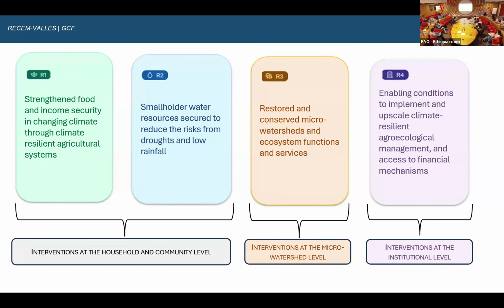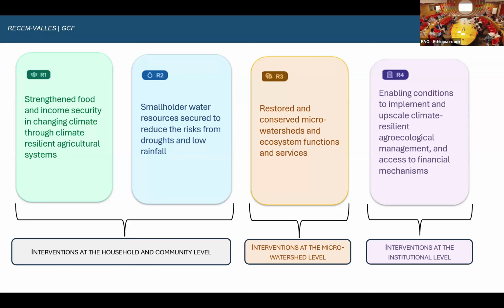So, like any GCF project, we have an institutional component, which is component 4 here, which aims to improve what we call the enabling environment. So legal framework, enhancing capacities at the institutional level. We are tackling this in the evaluation mostly with qualitative methods of analysis. But obviously, for the purpose of this presentation, we will look at the first 3 components.